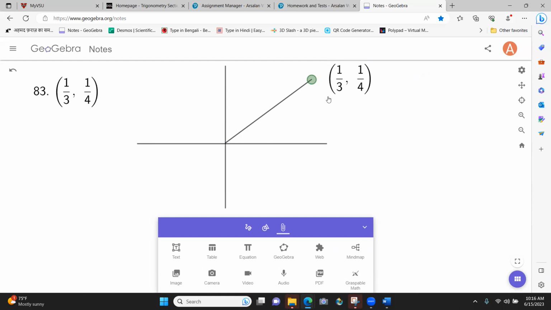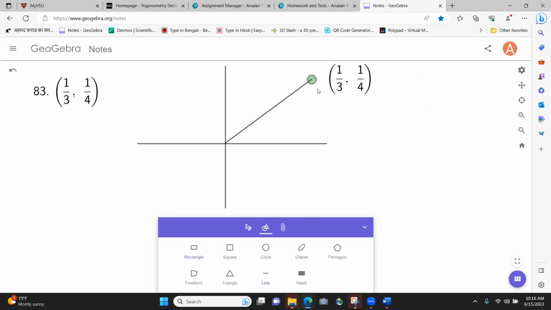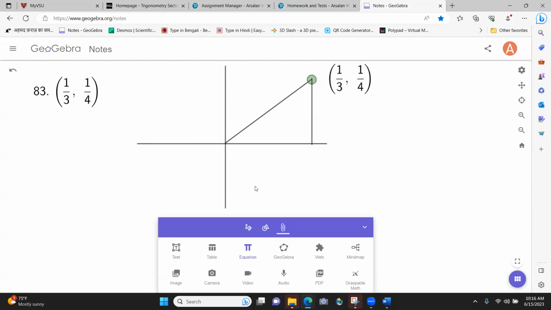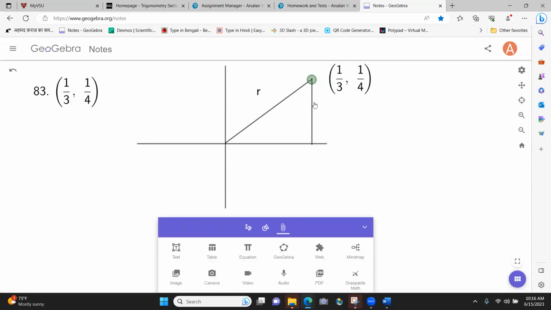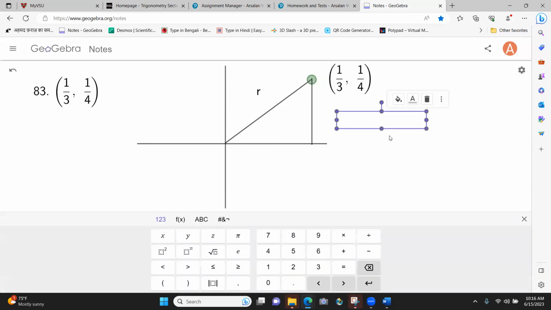All right. Now, using the exact same technique, I know that people don't like fractions, but they're not that bad. I'm going to find out the length of R. Same technique, Pythagorean theorem. This length is 1/4. This length is 1/3. Remember the Pythagorean theorem, you square everything.